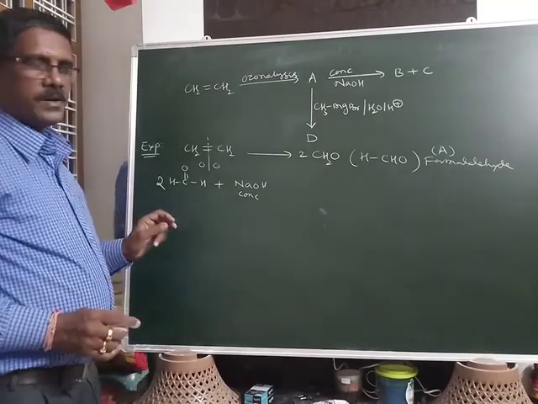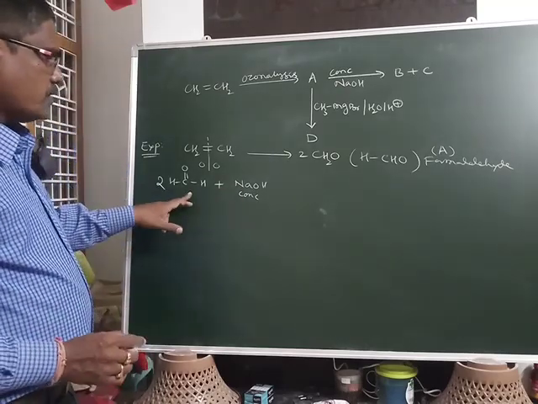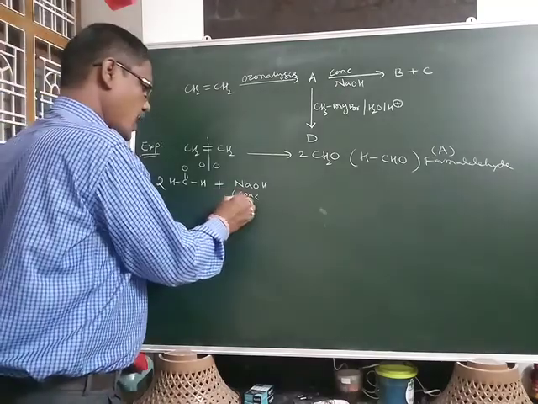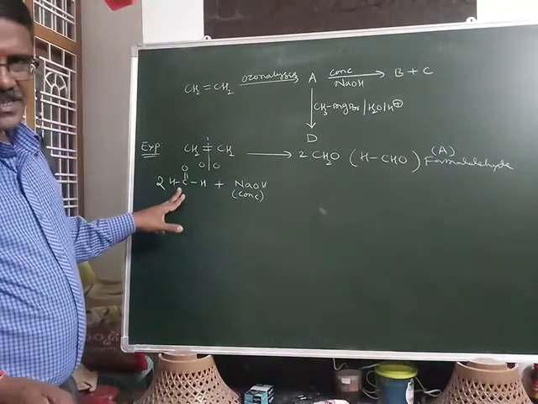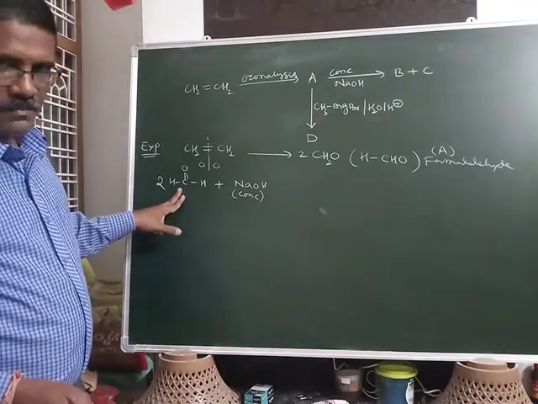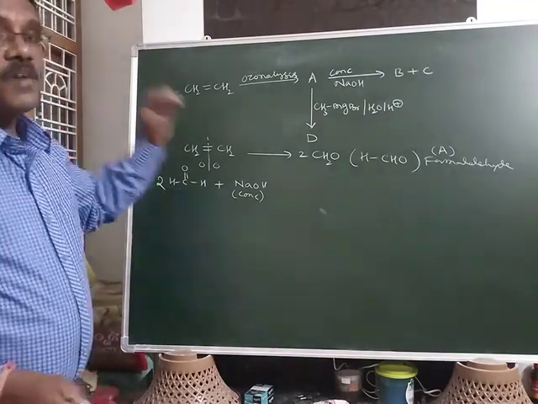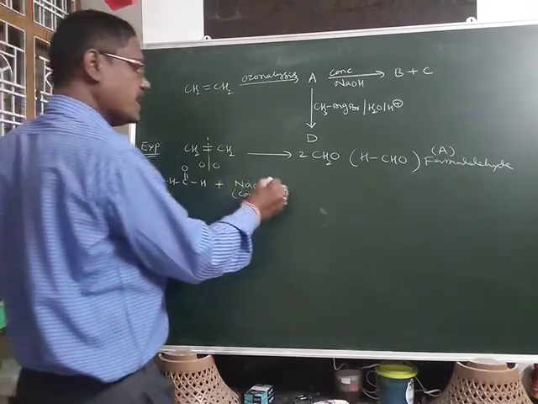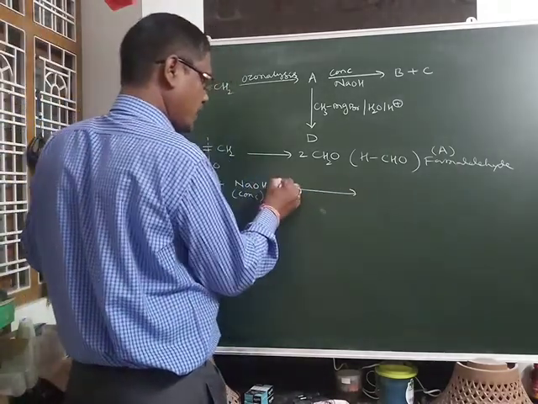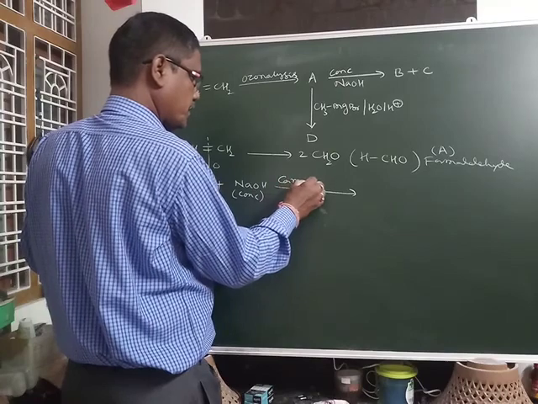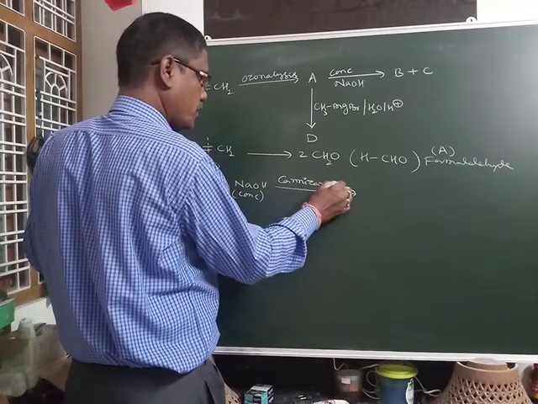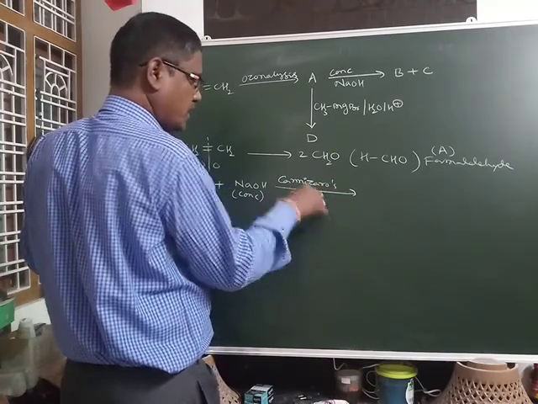Always remember, when we add concentrated NaOH to formaldehyde, which has an absence of alpha hydrogens, it is involved in the Cannizzaro reaction.